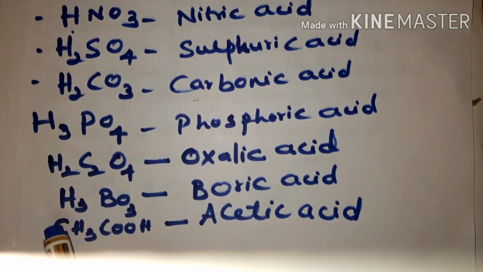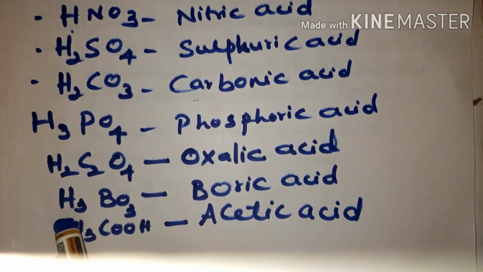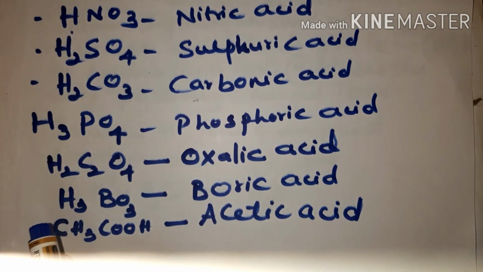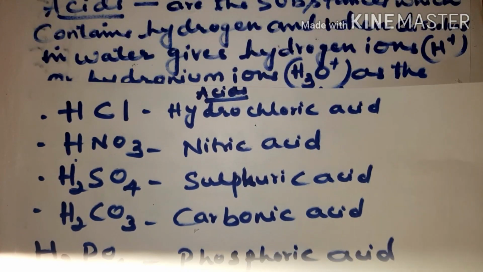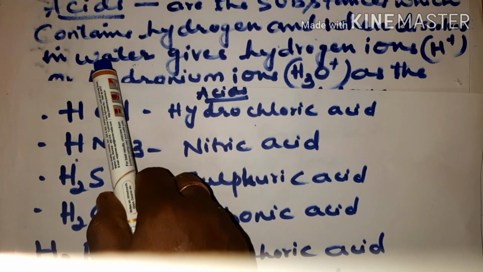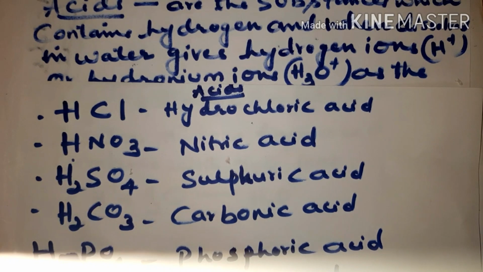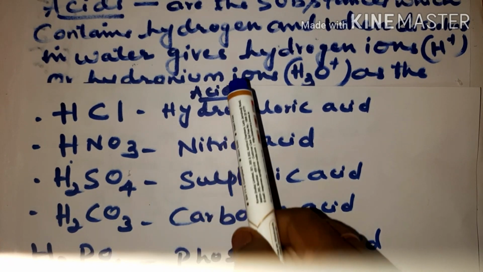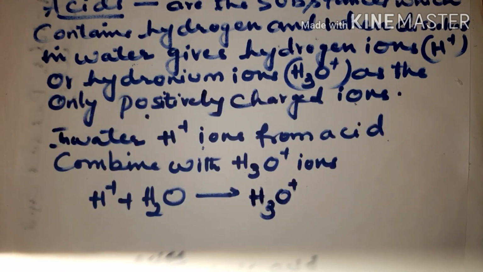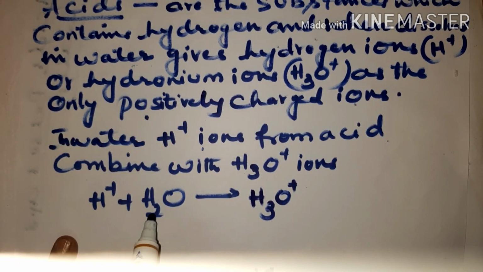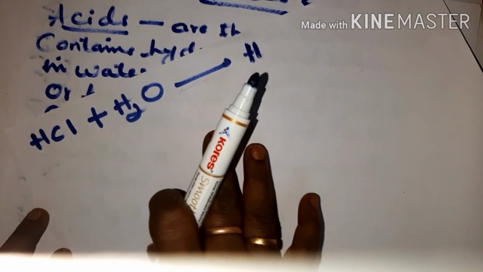One of the special characteristics in these acids is H. That's why, what are acids? Acids are the substances which contain hydrogen. All acids contain hydrogen, and when these are dissolved in water, you can take HCl plus water.